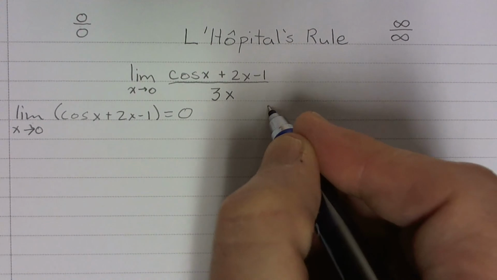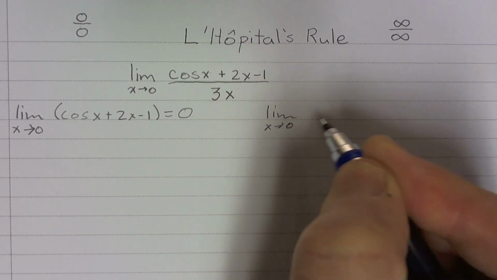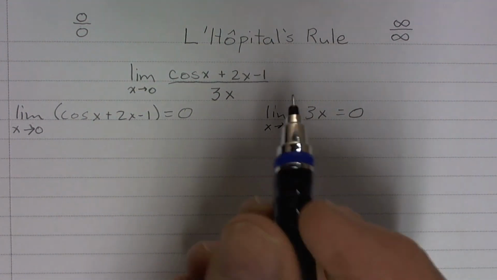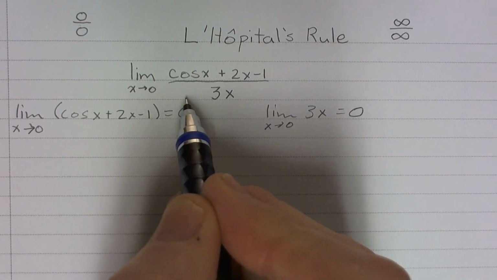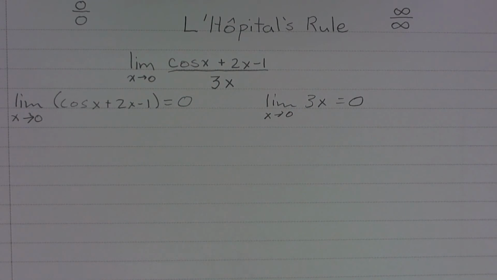And of course, if I take the limit of the bottom, the limit as x goes to 0 of 3x, well, of course, that's 0. So we have this situation where taking the limit of the top and putting it over the limit of the bottom does not tell us what the limit is. We just get 0 over 0. That limit could be a lot of different things. It could be 1, it could be 0. We just don't know. So it's an indeterminate case.